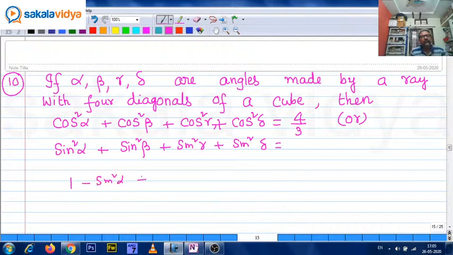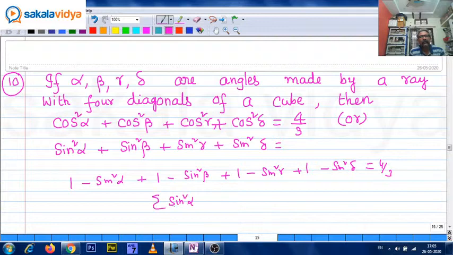This will be 1 minus sin square beta plus 1 minus sin square gamma plus 1 minus sin square delta equals 4 by 3. Now the sum of sin squares, take that side: 1 plus 1 plus 1 plus 1 is 4, minus 4 by 3, that is 8 by 3. So write down, this is 8 by 3.